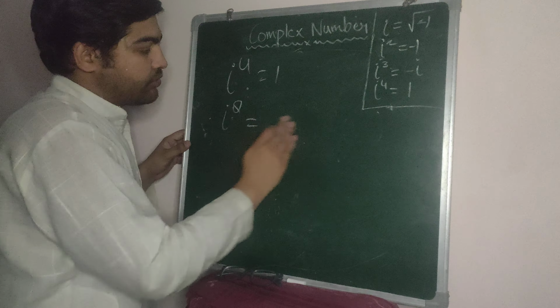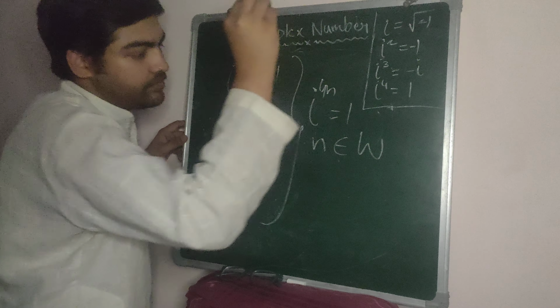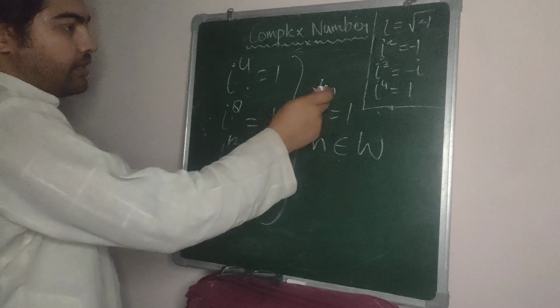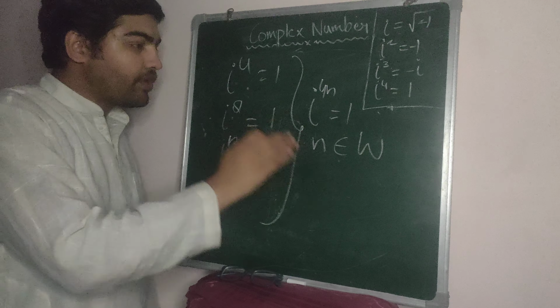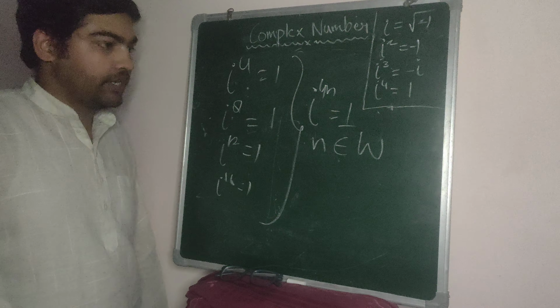So for multiples of 4, we can generalize this trend: i to the power 4n is equal to 1, where n belongs to whole numbers. Okay, we start n from 0 to infinity. Then a multiple of 4 in the power of i always gives 1.